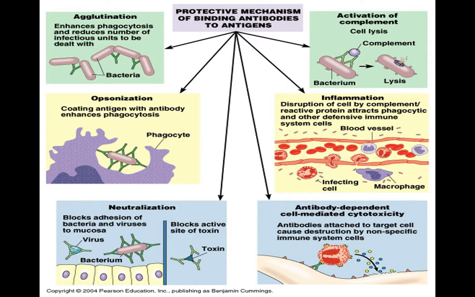They will not be capable of doing their effector processes in order to enter the cell. For the case of toxins, that's also possible. Instead of the toxin being capable of binding to its specific receptor, the antibody can neutralize it.